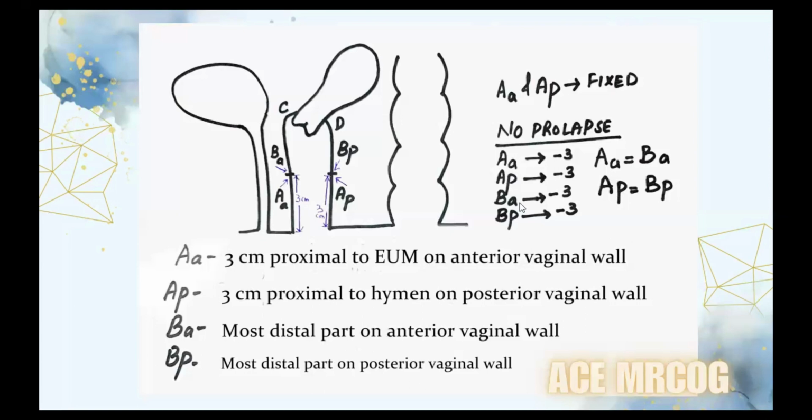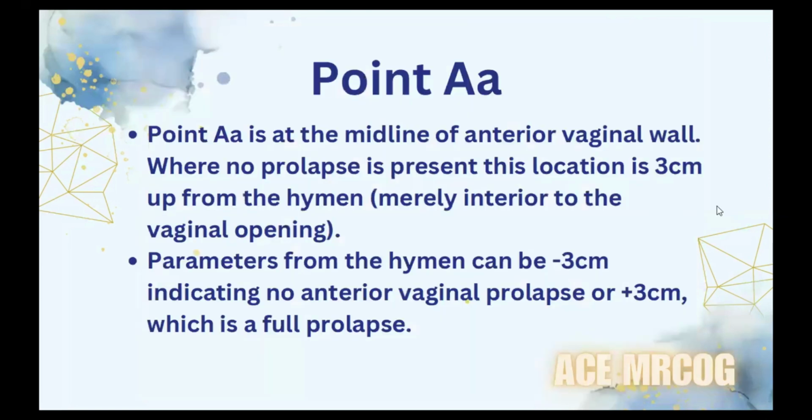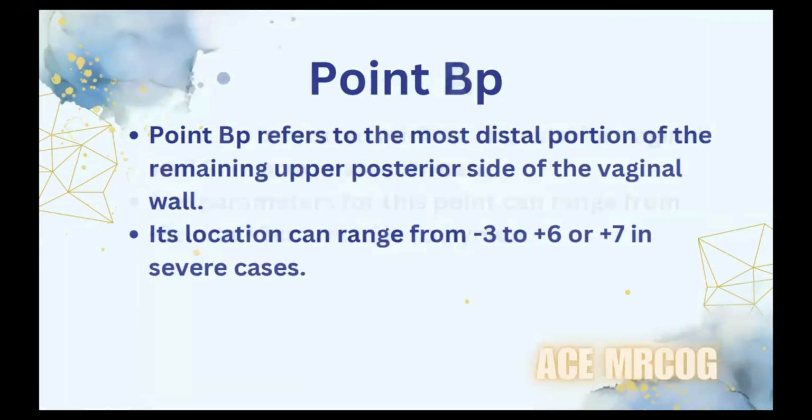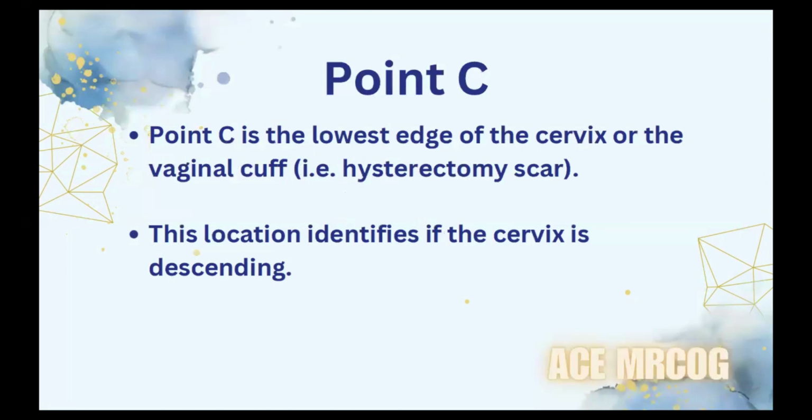Okay. So if anyone else is having a problem, just let me know so we can move forward. So these are basically the points AA, BA, AP, BP, and point C, which, as I told you, is basically the lowest edge of the cervix. And if it is a hysterectomy patient, then point C is the lowest portion of the vaginal cuff.